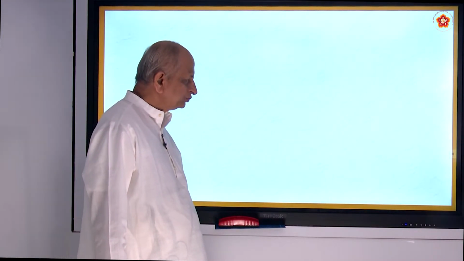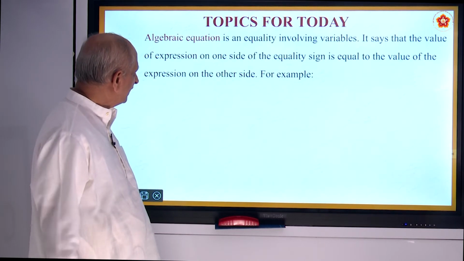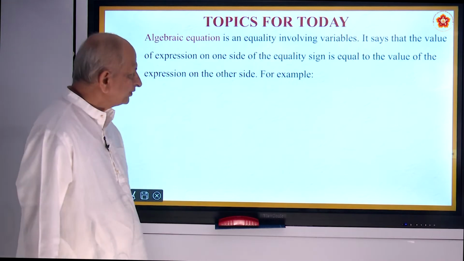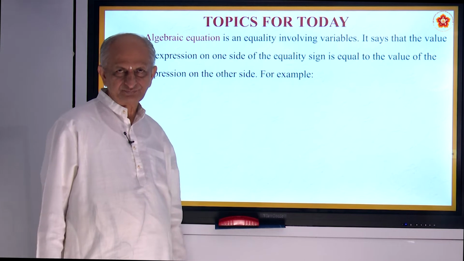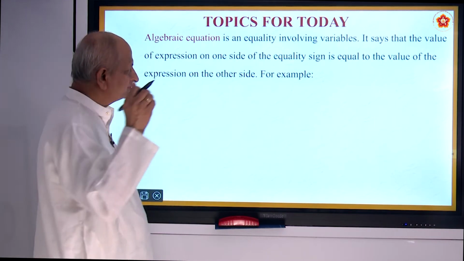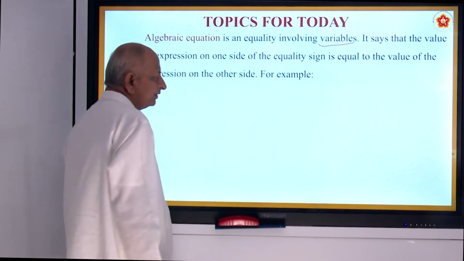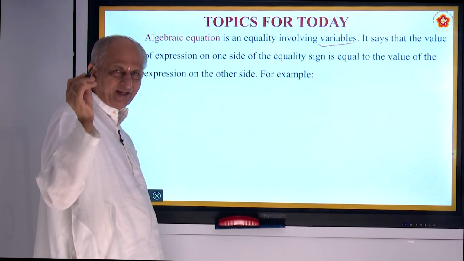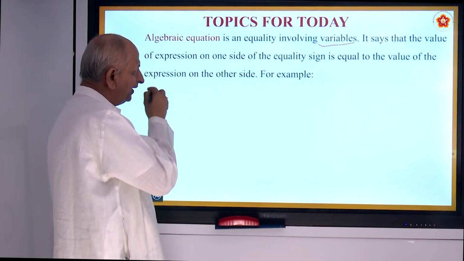Now, we will come to some details about it. So, what is an algebraic equation? An equality involving variables. So, what do you mean by variable? Variable means the value of which is not known, like A, B, C, X, etc. That is called variable.